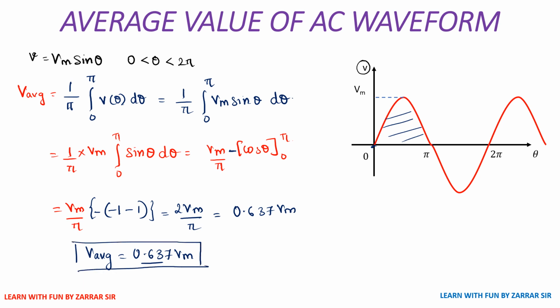Hope you understand this first problem. Just remember integration of sine theta is minus cos theta and put minus aside. Cos pi is minus 1, cos 0 is 1, upper limit minus lower limit gives minus 1 minus 1, minus 2. And this minus will make it positive 2. So the final answer is 0.637. This is the average value of an AC waveform.